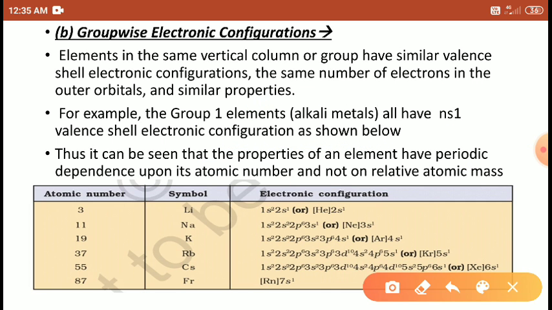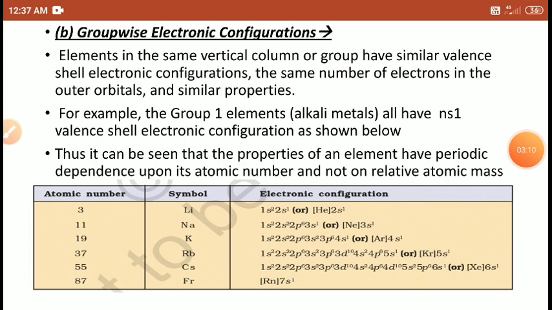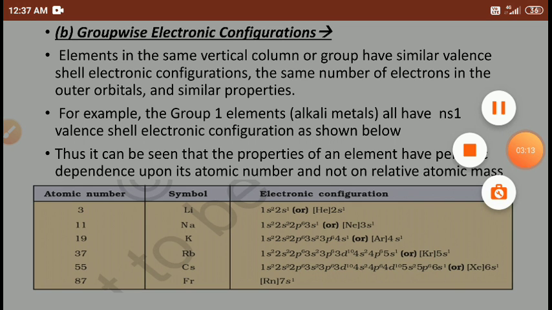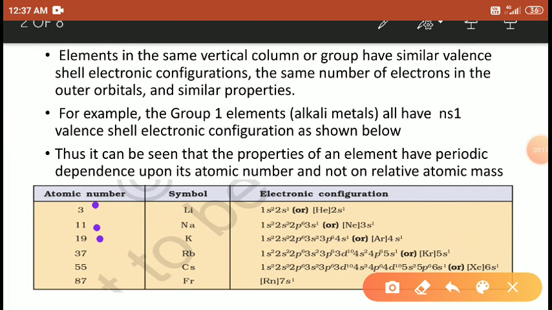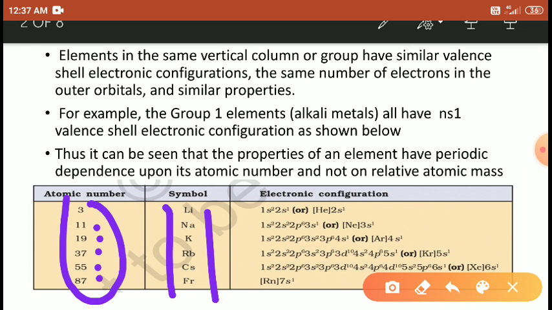Look at the example: atomic numbers 3 lithium, 11 sodium, 19 potassium, 37 rubidium, 55 cesium, 87 francium. We arranged lithium, sodium, potassium, rubidium, cesium, francium on the basis of atomic number.